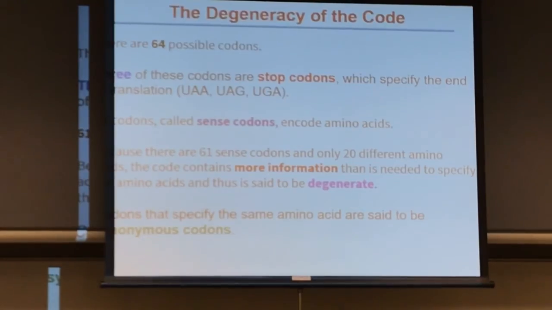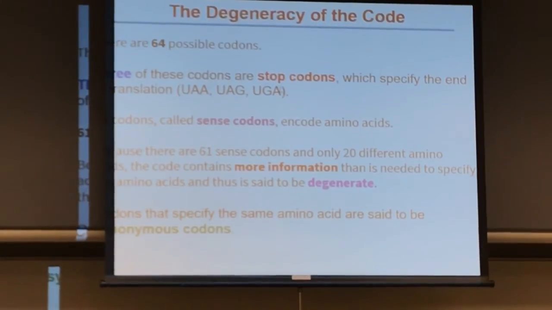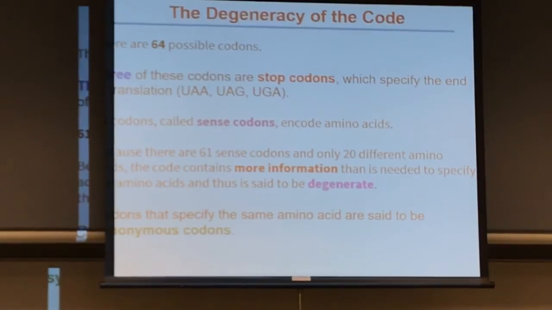Of the 64 possible codons, we know that 3 of them are stop codons, right? UAA, UAG, and UGA. These 3 codons do not code for any amino acid, and when the ribosome machinery comes across any of these triplet codes, termination of protein synthesis happens.